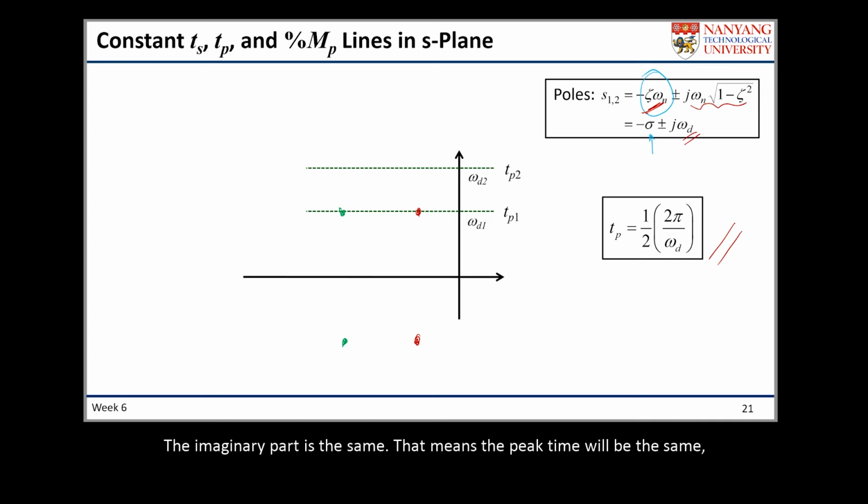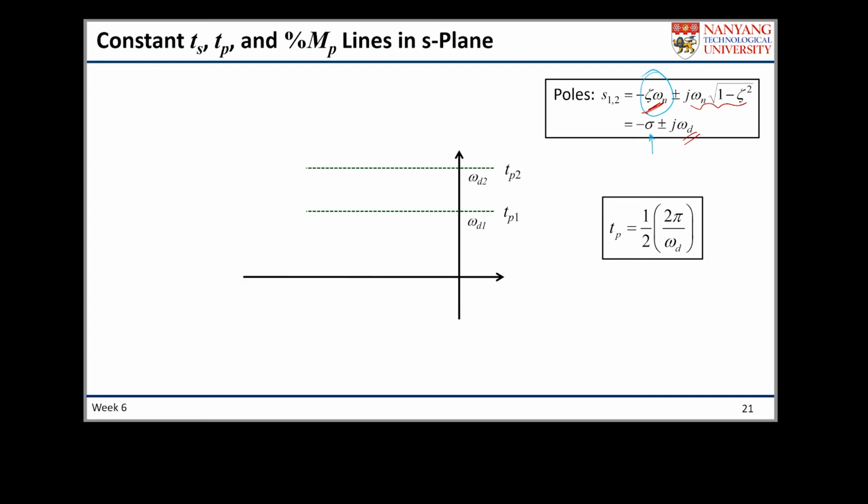That means the peak time will be the same. So again, a horizontal line will tell us systems with the same peak time.